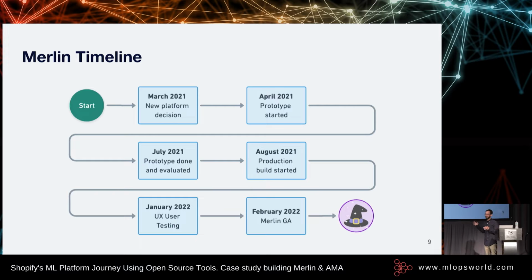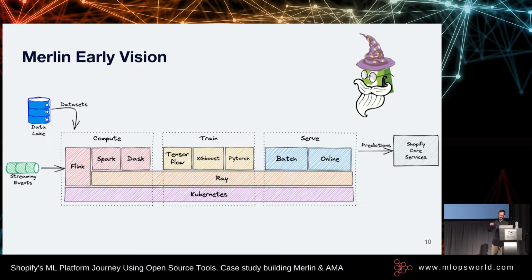This is a diagram of the early vision for Merlin. Back then, we didn't even decide on the name yet. And so here we can see a very, very high-level design that obviously doesn't capture all the parts, but it basically shows the input data starting from our data lake with the data sets that are flowing into our machine learning workflows, or the streaming events that are coming in from the pipelines.